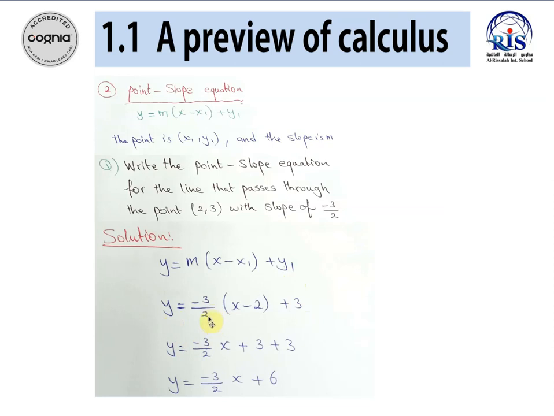Now use the distributive property: negative 3 over 2 multiplied by x is negative 3 over 2x, and negative 3 over 2 multiplied by negative 2 is positive 3, plus the positive 3 here. So when we simplify the equation, I have y equals negative 3 over 2x plus 6.